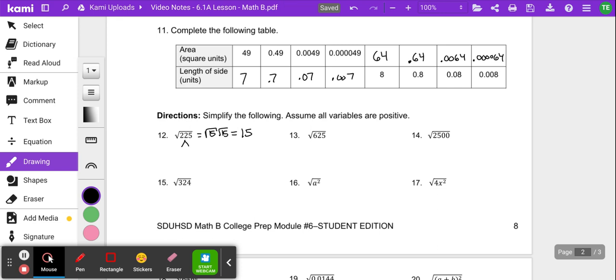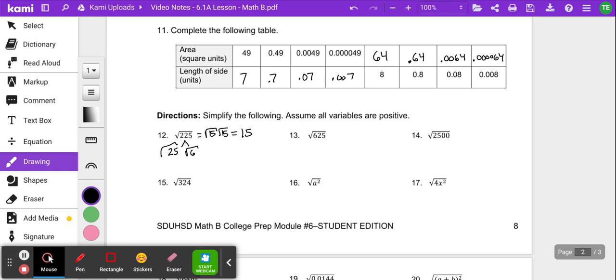So I know 25 goes into 225. So I think 225 divided by 25 is 9.